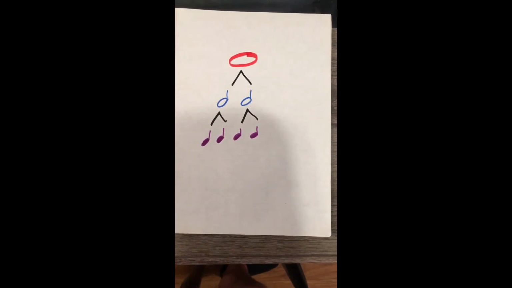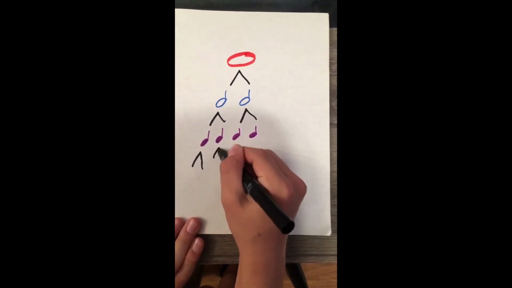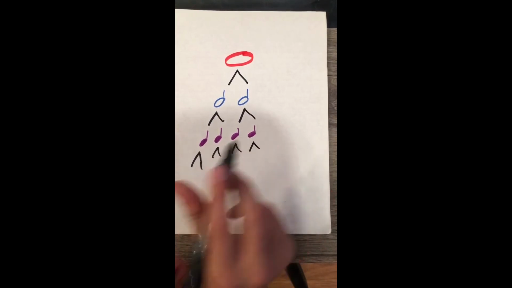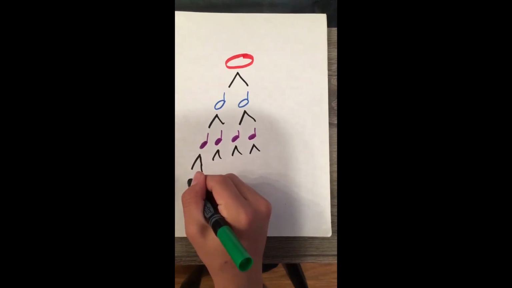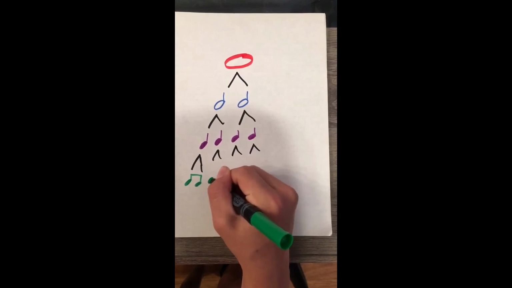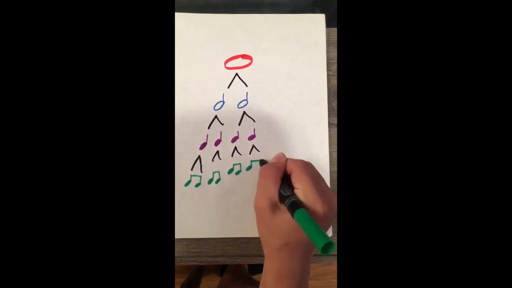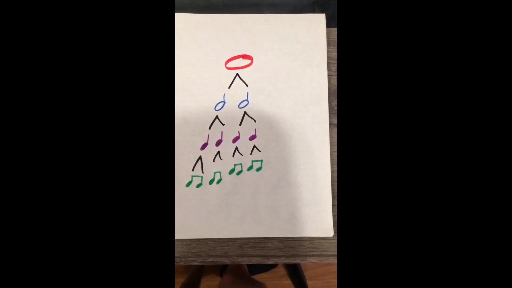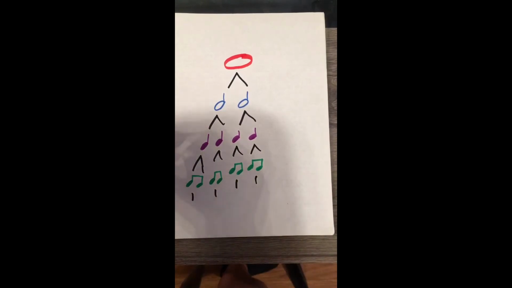A quarter note is equal to 2 eighth notes. And finally, an eighth note is equal to 2 16th notes.